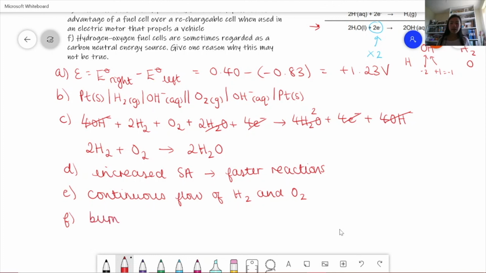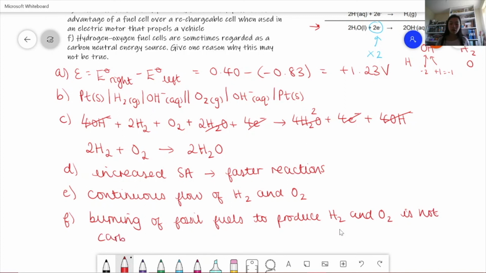So the answer is burning of fossil fuels to produce hydrogen and oxygen is not carbon neutral.